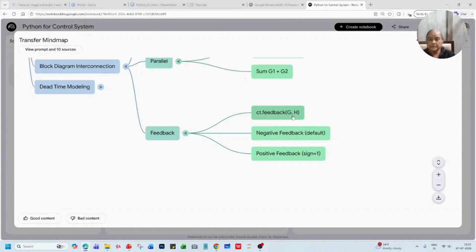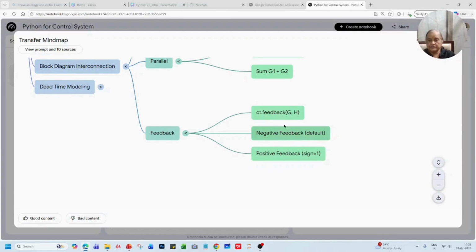The feedback may be negative feedback or positive feedback. By default, it is always taken as negative feedback because in control system analysis and design, we are interested in negative feedback systems. We study the stability and all those analysis and design for negative feedback systems, unless positive feedback is only for certain particular applications.